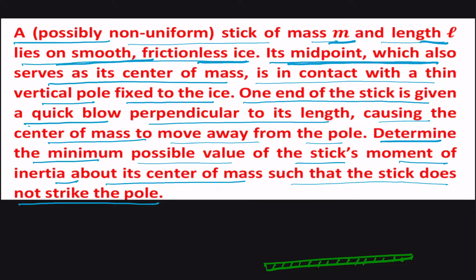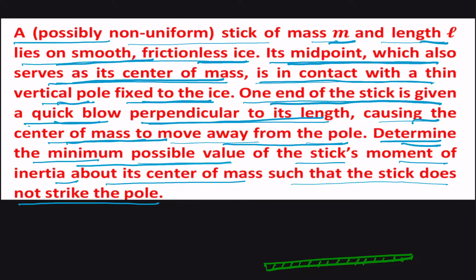Its midpoint, which also serves as the center of mass, is in contact with a thin vertical pole fixed on the ice. One end of the stick is given a quick blow perpendicular to its length, causing the center of mass to move away from the pole.